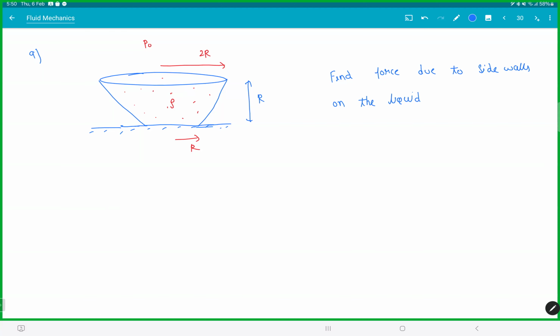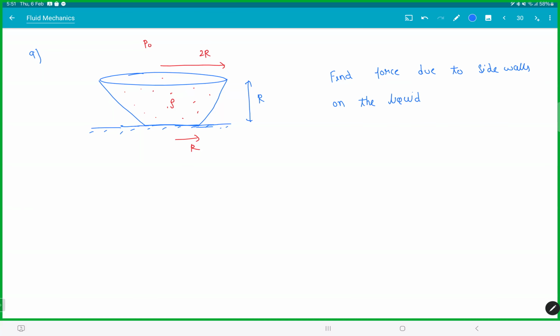So the container is like a part of a cone, a frustum. Is the shape clear, everyone? Get this. You've got 2 minutes.